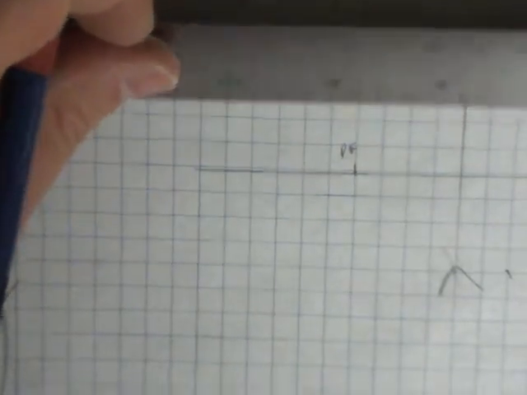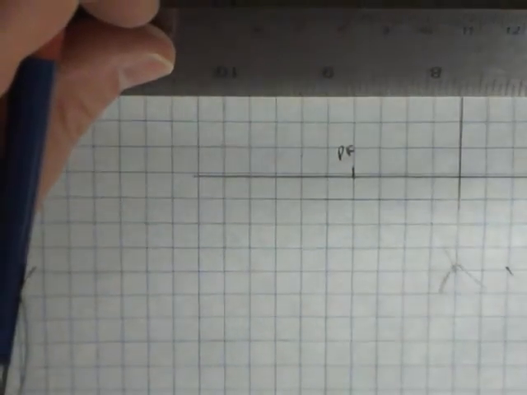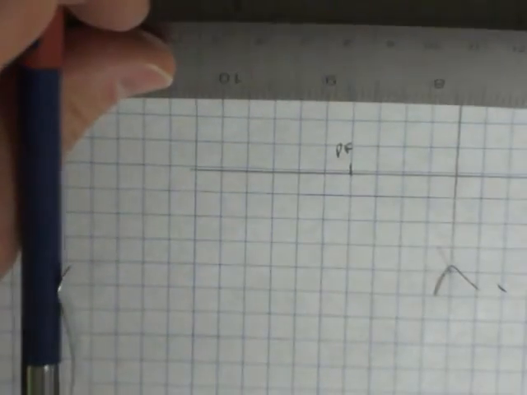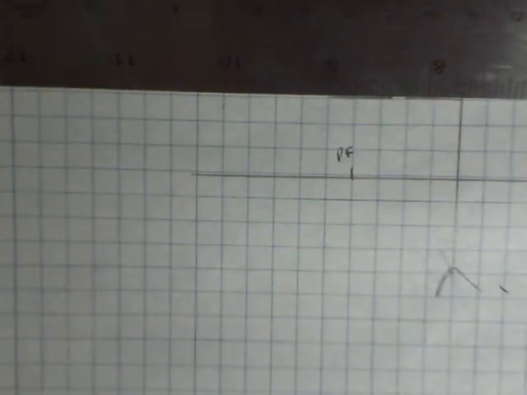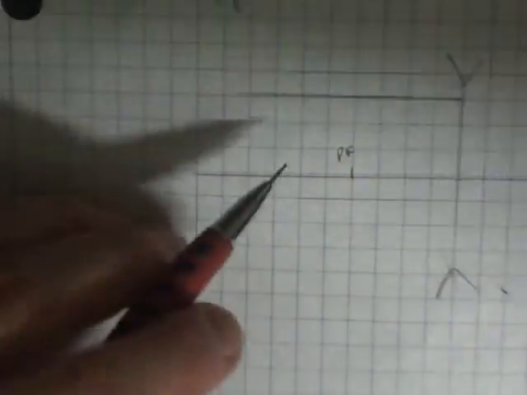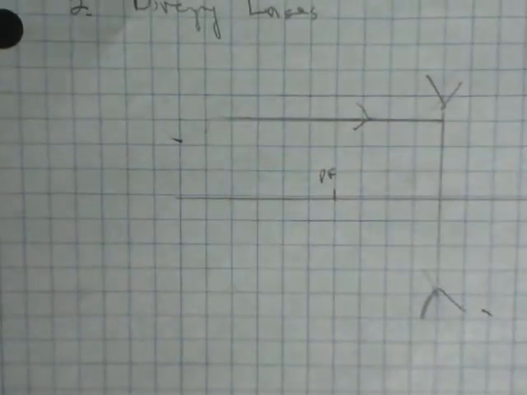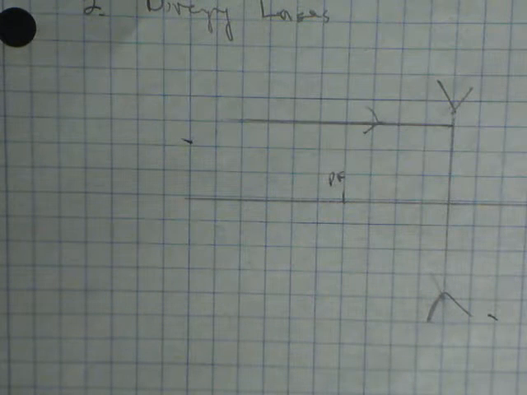Okay? So, first rule, a ray that is parallel to the principal axis. A ray that's parallel to the principal axis. It says PF there and SF there, and I'll put a PA over here.